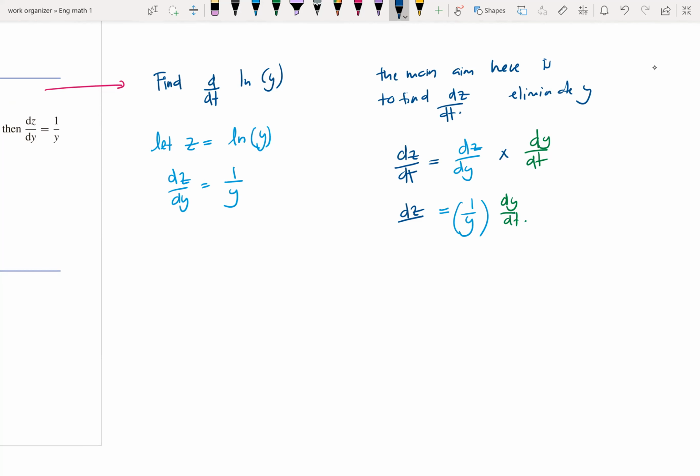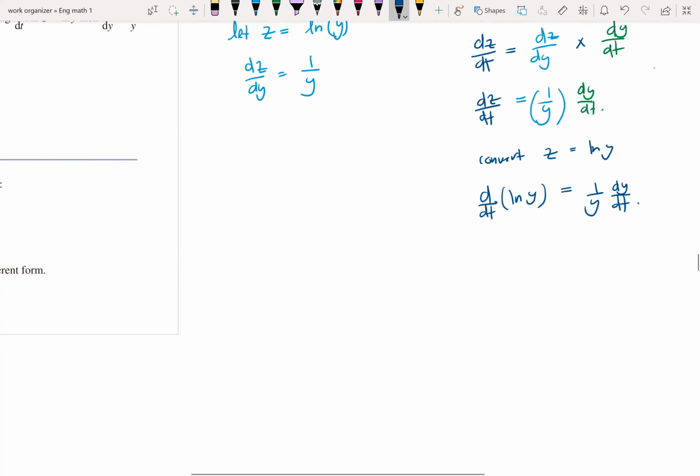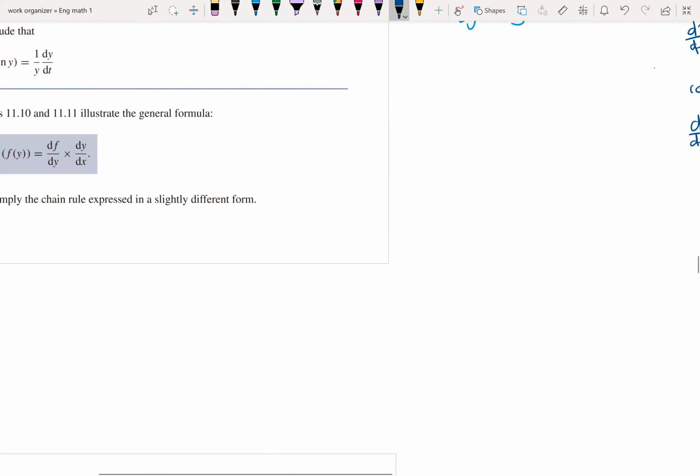Just write back again. We are going to convert z into ln y again. So d over dt of ln y will be equal to 1 over y, dy over dt.